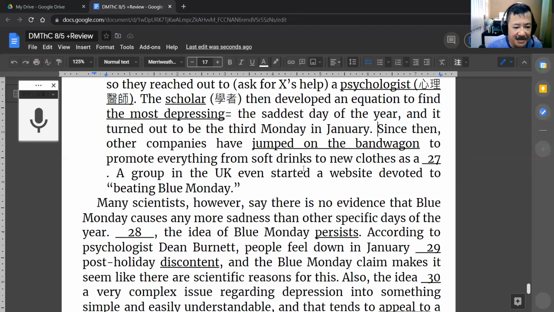All right, so since then, other companies have jumped on the bandwagon, okay, to promote everything from soft drinks to new clothes, okay, right?